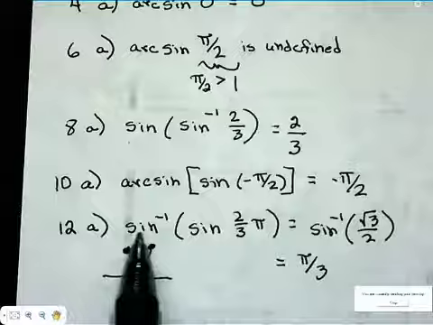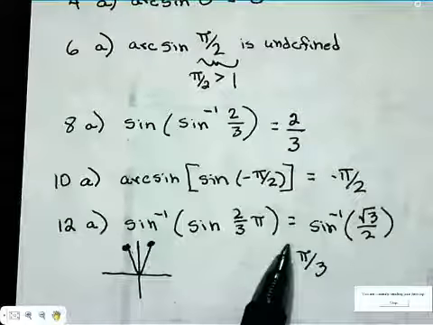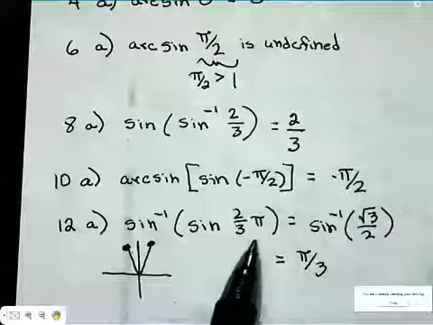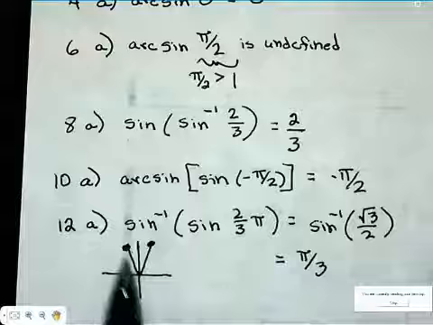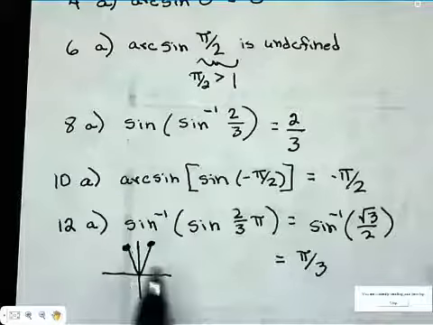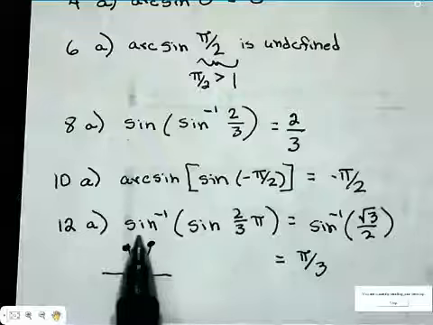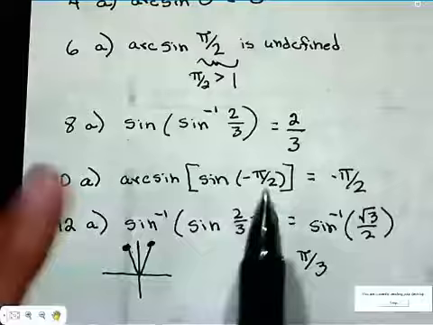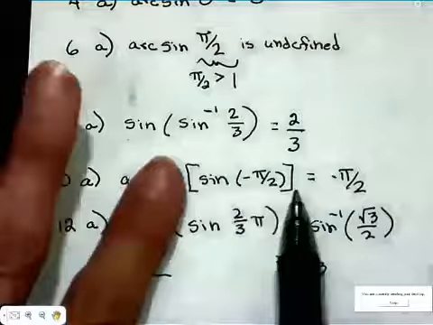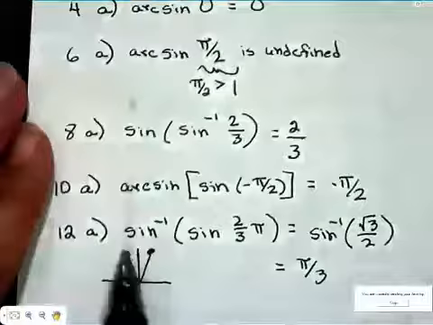I want to say these just undo each other and leave you 2/3 pi. But I know that 2/3 pi is not an answer that inverse sine can give you because it's in the second quadrant and inverse sine always gives you fourth or first quadrant. When that happens, I can't say they undo each other, but I can evaluate the sine of 2/3 pi. The sine of 2/3 pi is square root of 3/2.